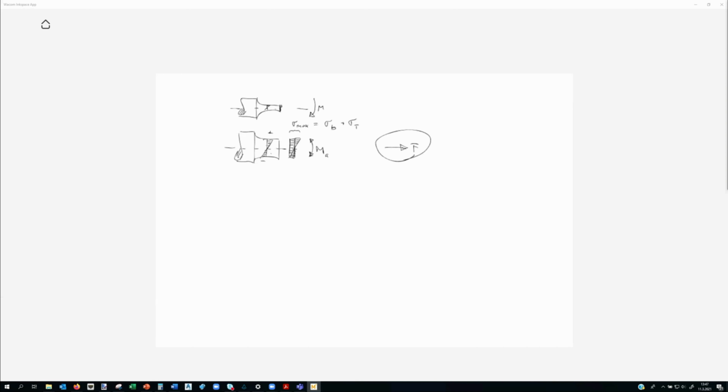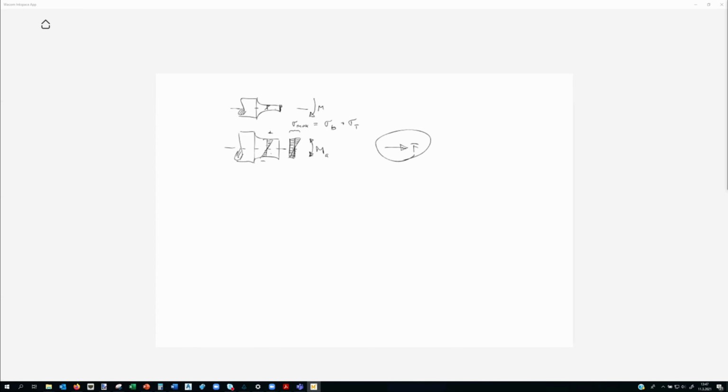But we don't need that anywhere, because we only need the mean value and the variation from there, the amplitude. Yes, I just don't really understand how we then sum it up to get the total stress.